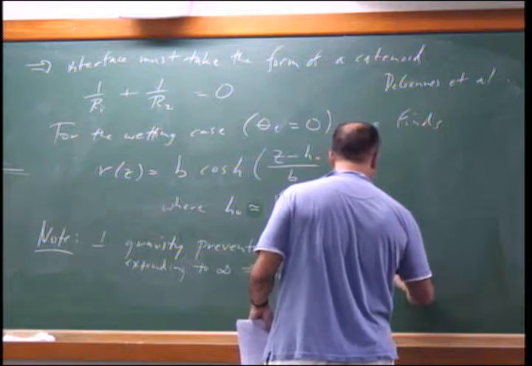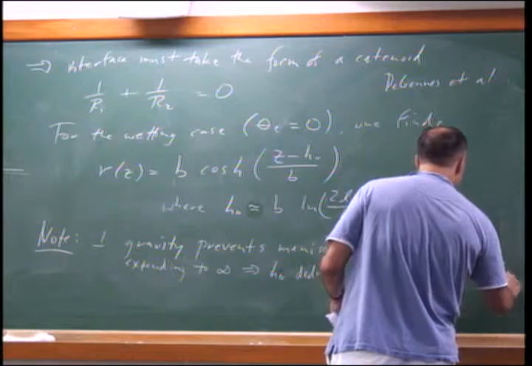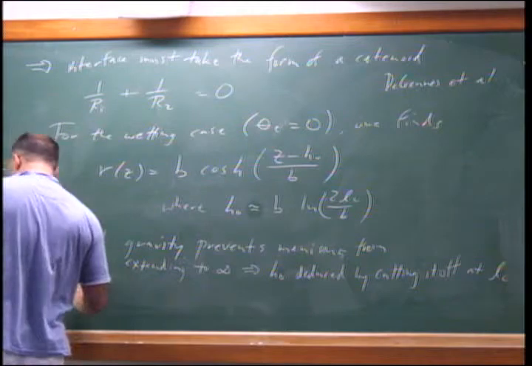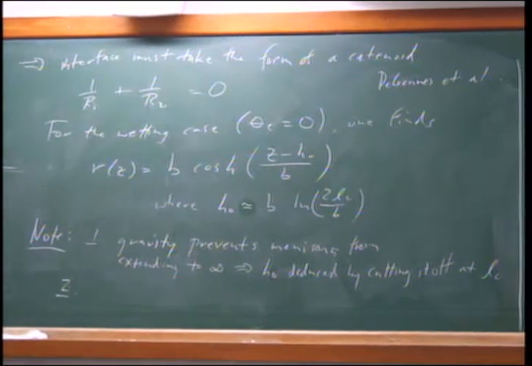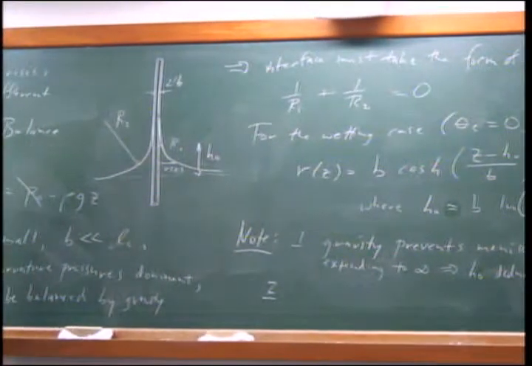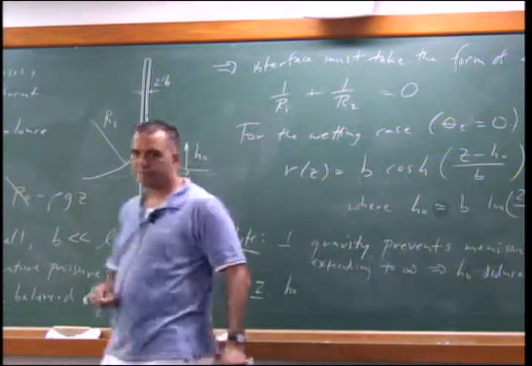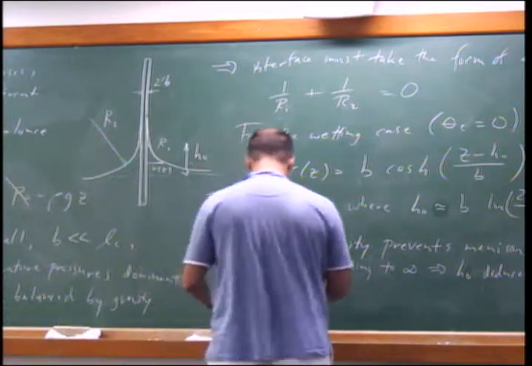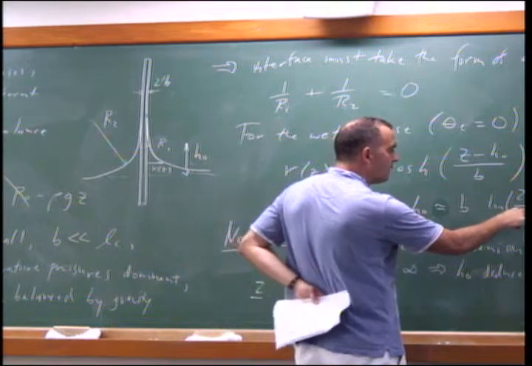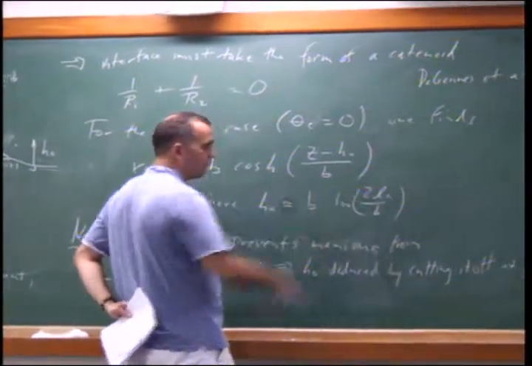So you basically calculate H naught by cutting it off at the capillary length. And this H naught, which is basically the vertical extent of the meniscus, is just on the order of B, right? It's a logarithm of the capillary length over B, so maybe say this is 10 or 100, it's still going to be a very small number.